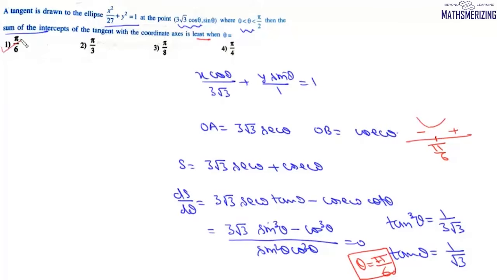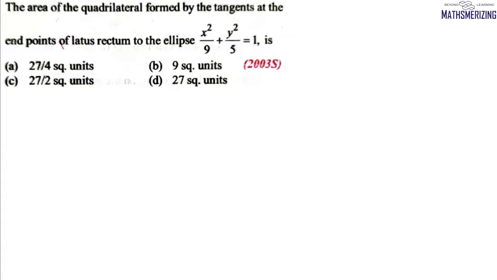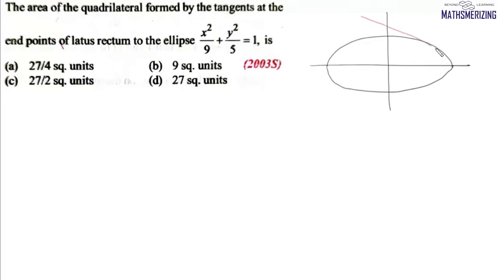Now here the question is, we need to find the area of a quadrilateral formed by the tangents at the end points of latus rectum to the ellipse x square upon 9 plus y square upon 5 equals to 1. So we have this ellipse. At the end points of latus rectum, we draw tangents.